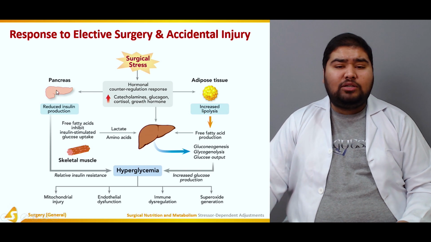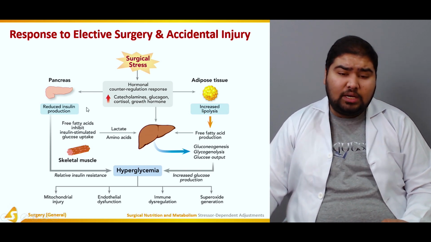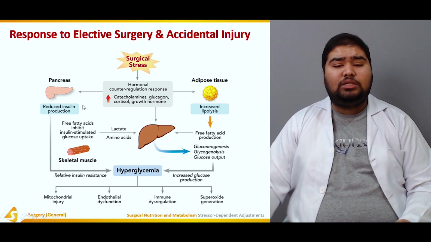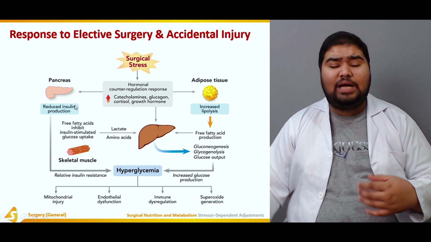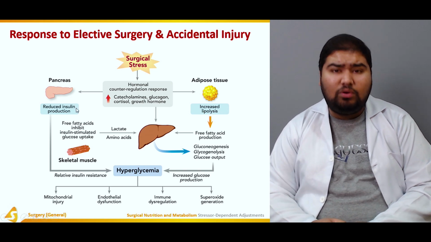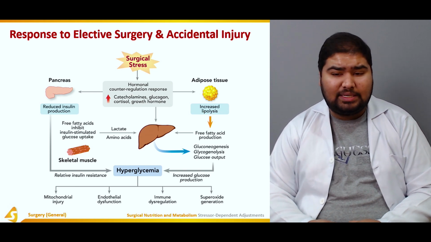Now, these act on the pancreas and reduce insulin production. With the reduction in insulin production, there is also a relative insensitivity to insulin. This causes hyperglycemia. So, there is glycolysis, and glycolysis causes hyperglycemia.